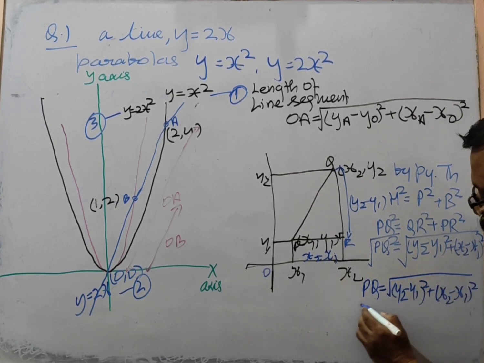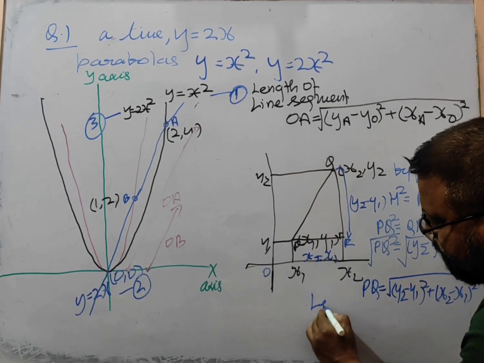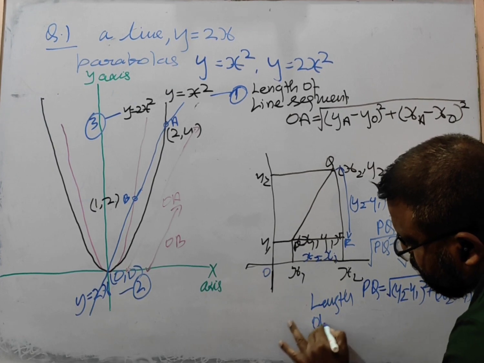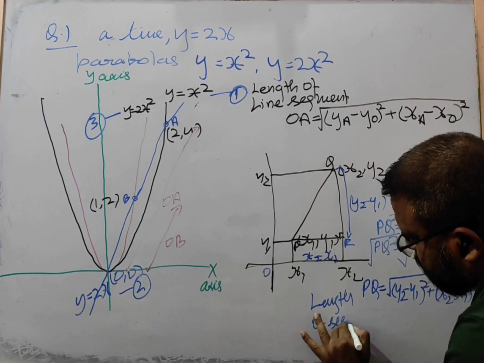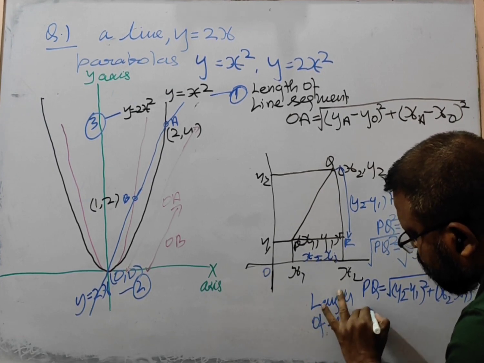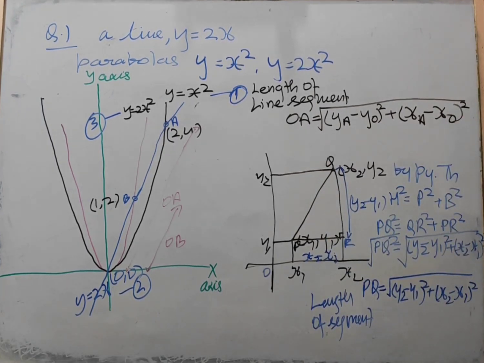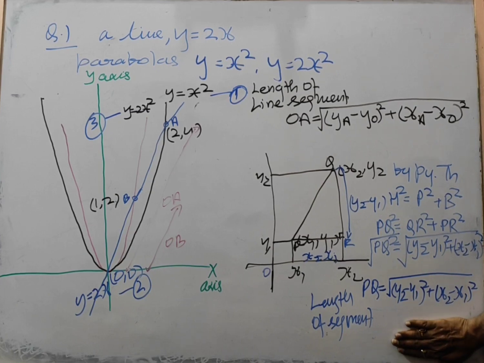Getting? So this is the length of a segment. By this formula I made these things here. I hope you understand. Yeah, this is how to get the formula. This is the formula we have, and we are applying it here.